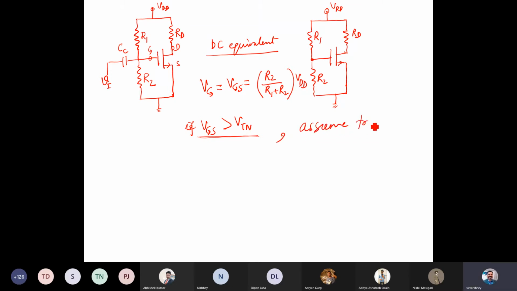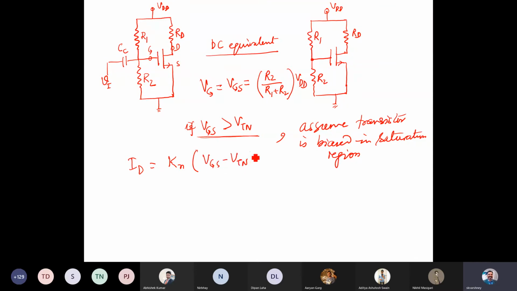Assume that the transistor is biased in saturation region. Once the transistor is biased in saturation region, the drain current is given simply by Kn (VGS minus VTN) square.